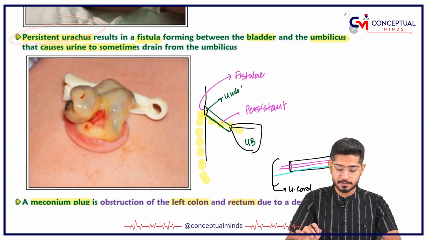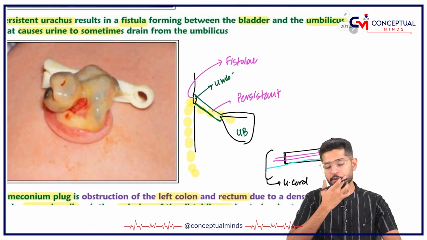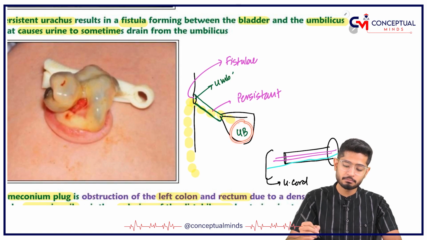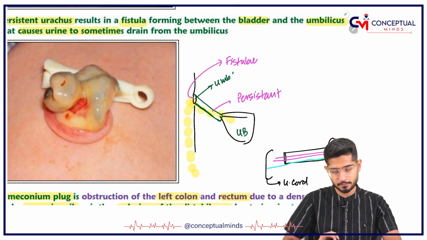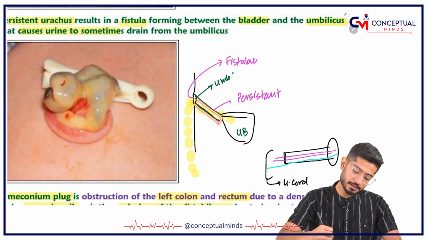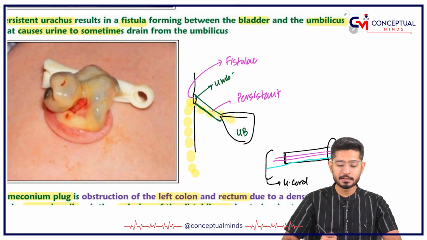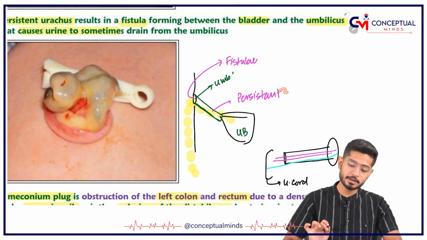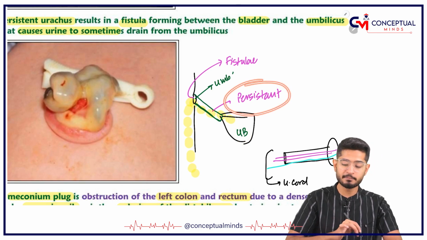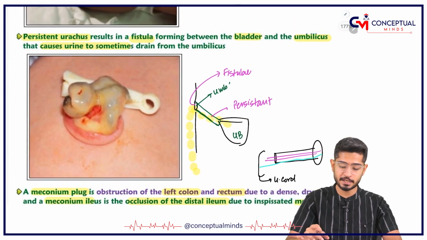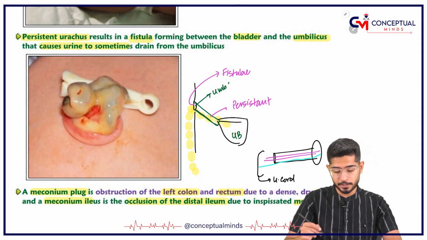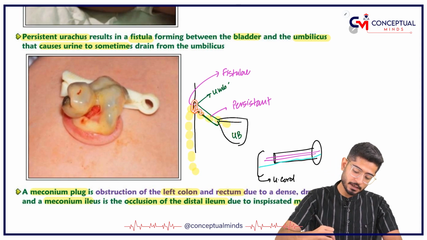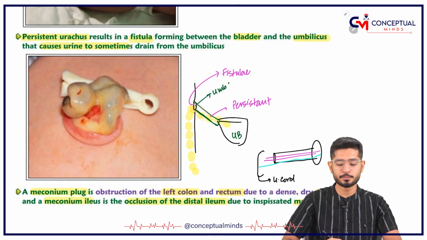After that, you have got persistent urachus. So what is urachus? See what happens in fetal life. This is the urinary bladder, this is the umbilicus. In the fetal life, there is a connection between the urinary bladder and the umbilicus. If it persists even after the child is born, of course the urine is going to leak from this opening, and this is called fistula formation.